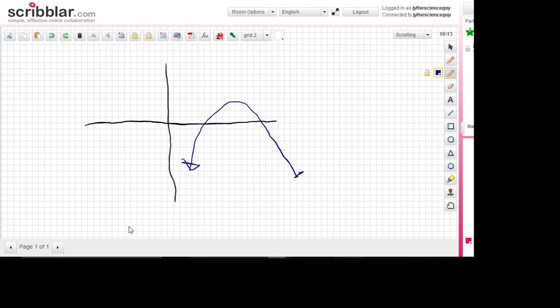How many zeros does that function have? 2. They're right there and there, right? Where is the maximum for that function? Up there. So I'll make that a different color.